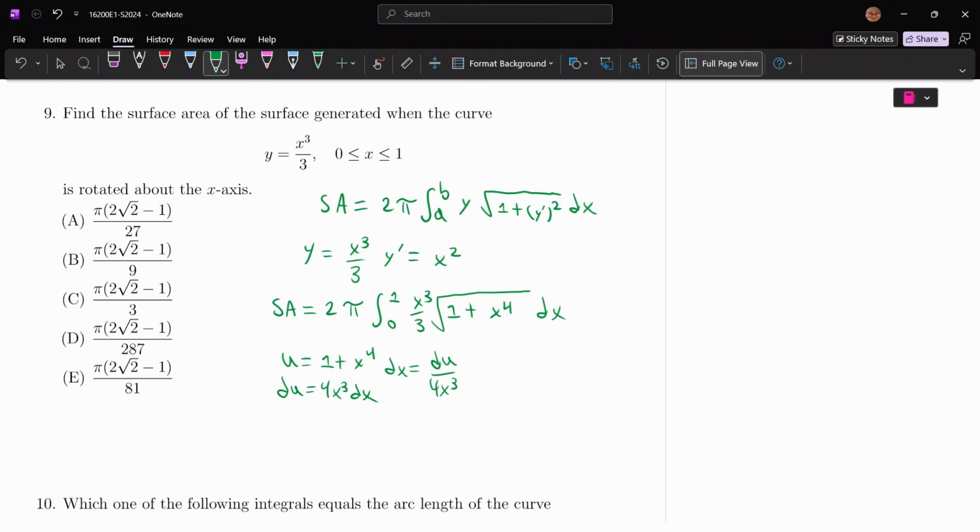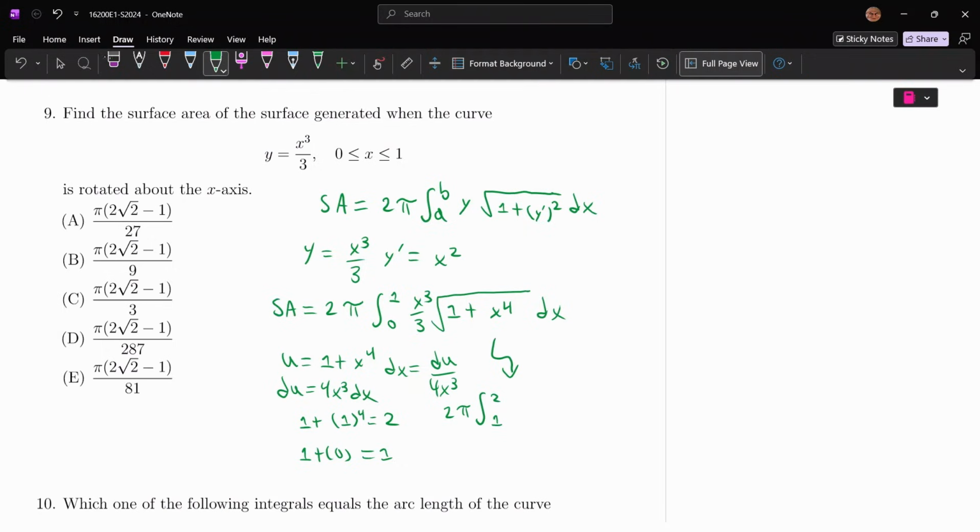And then adjusting our boundaries, 1 plus 1 to the 4th, that's going to be 2. And then 1 plus 0 is just going to be 1. So our new integral is going to end up looking like this: 2 pi times the integral from 1 to 2 of, and I'm also going to take out this 3 here.